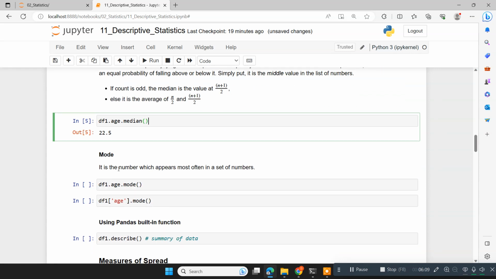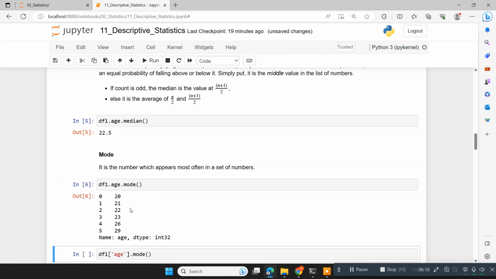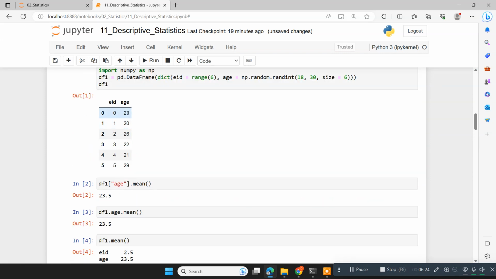And mode means the frequency of the value. So df1 dot age dot mode, so you can see we don't have repetitions here. All the values are unique in the data frame. But sometimes if a value is occurring multiple times, let us assume that 23 occurs totally 3 times in the age column, then we'll have 23 as the mode.